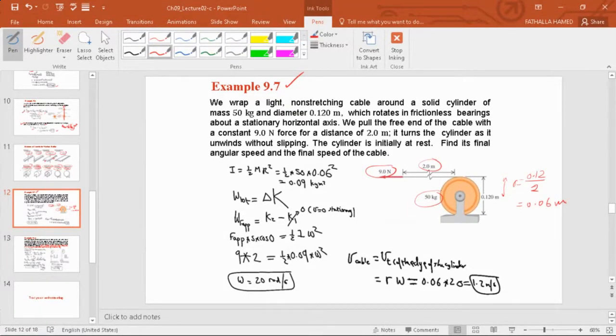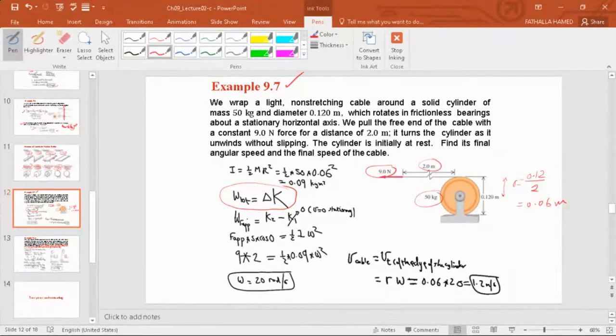Now, this will be rotating because you're pulling, so you're doing work here. Remember what we did in chapter 6. We said that the total work should equal the change in kinetic energy, and the change in kinetic energy is K2 minus K1. But you're starting from rest, so K1 is equal to 0. Now they're looking at the final angular speed and speed.